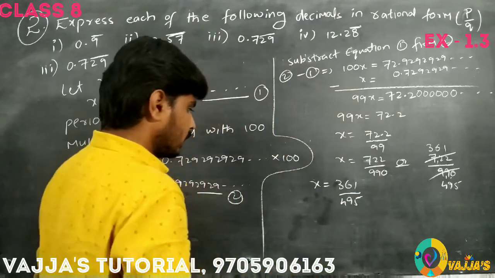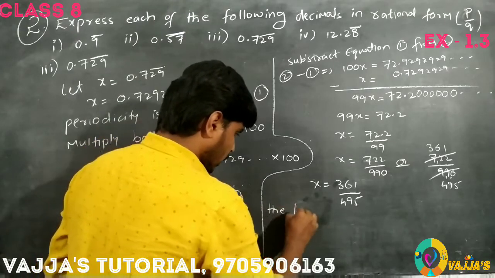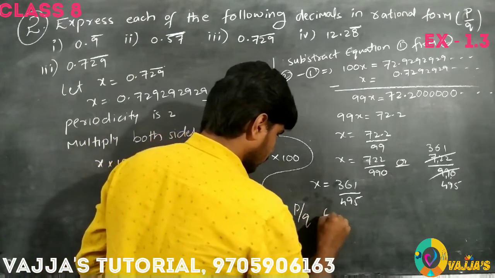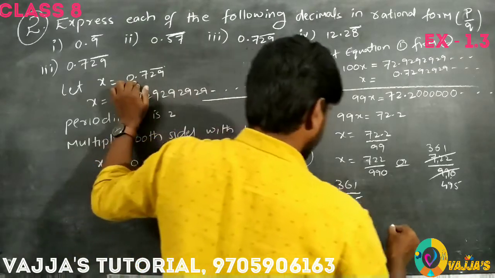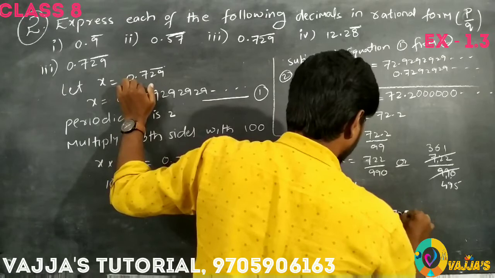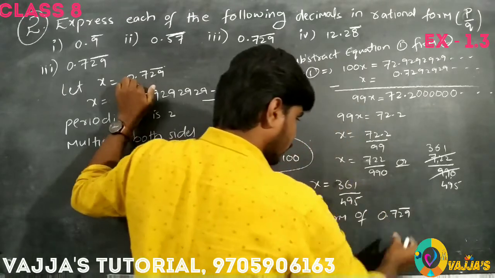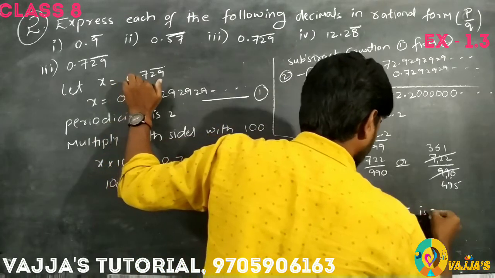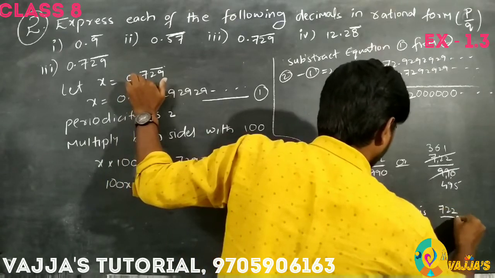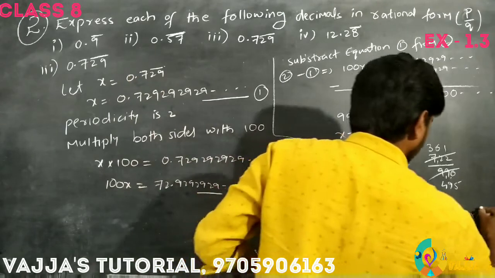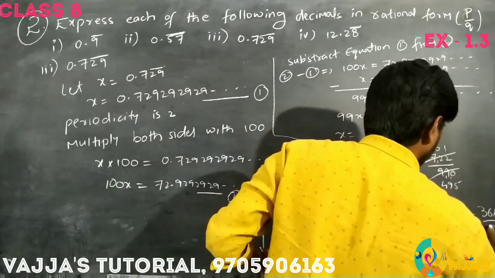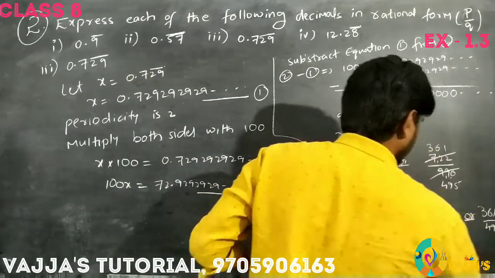Okay, right. Now the p by q form of 0.729 bar on the top of 29 is 722 by 990 or 361 by 495.